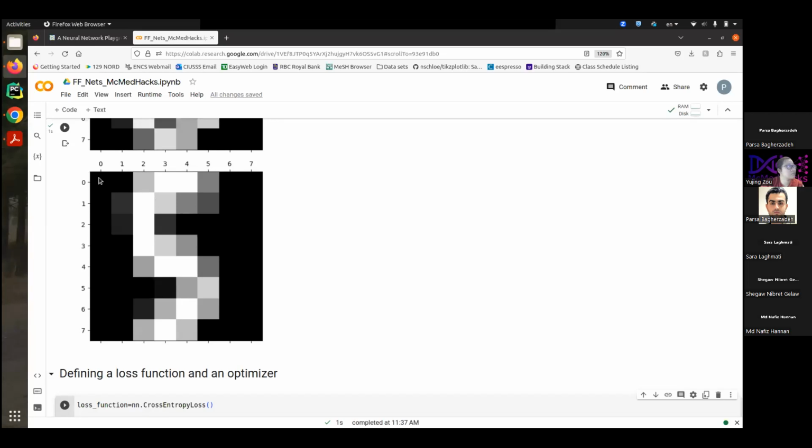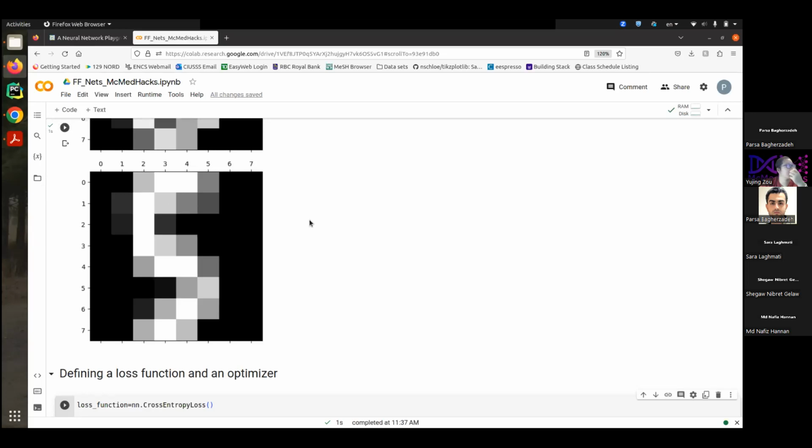How? We concatenate all of these rows: row 0, row 1, row 2. We take the first row and attach it at the end of row 0, the second at the end of the result that we had. Since I have 8 rows and 8 columns, I have 64 elements in the resulting vectorized input.